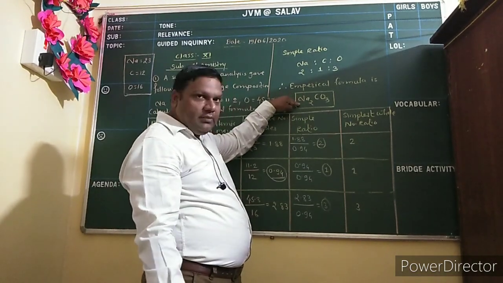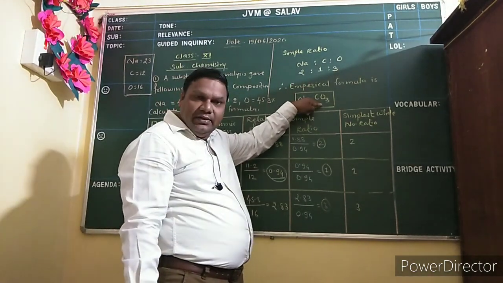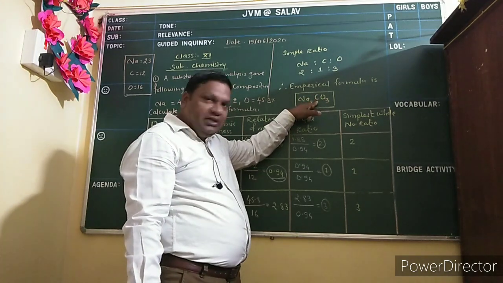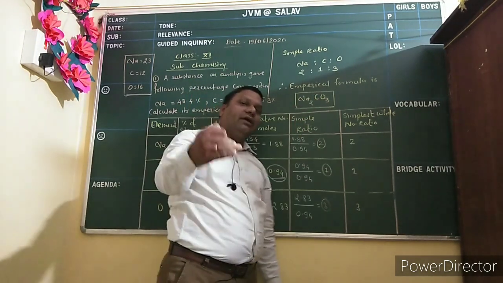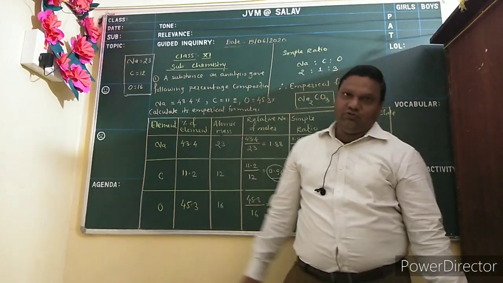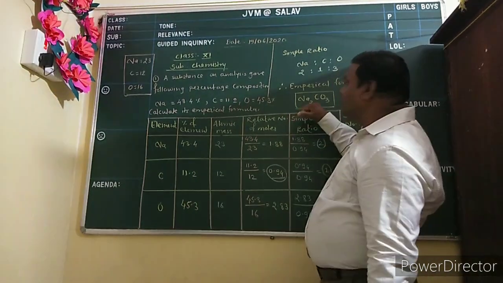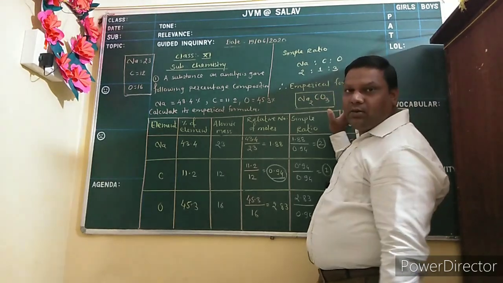This 2 is for sodium; the 1 we already do not write. If the integer is more than 1, then you write it at the bottom right corner. So Na2CO3 is the empirical formula.